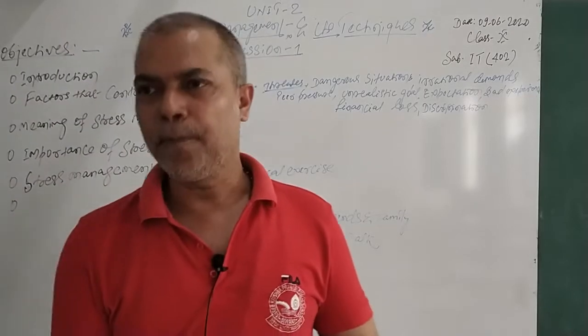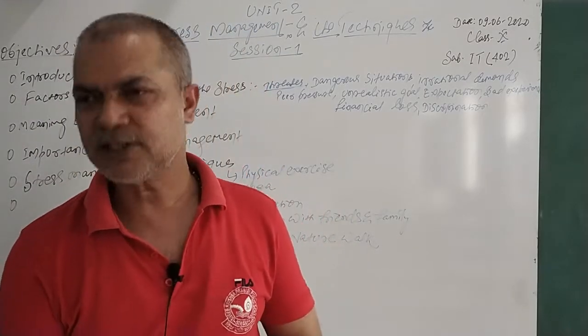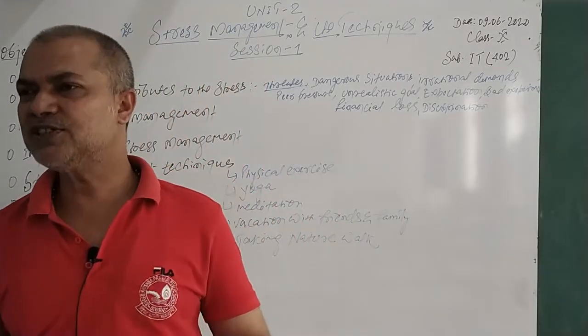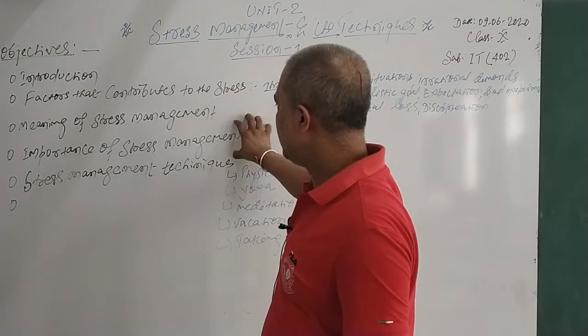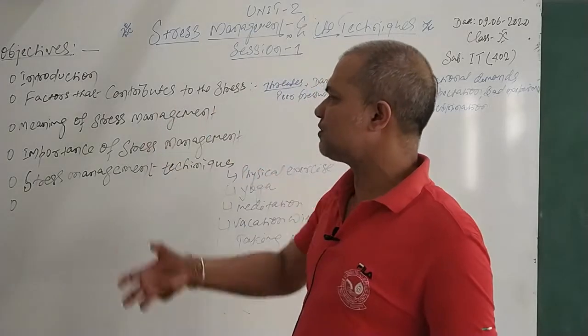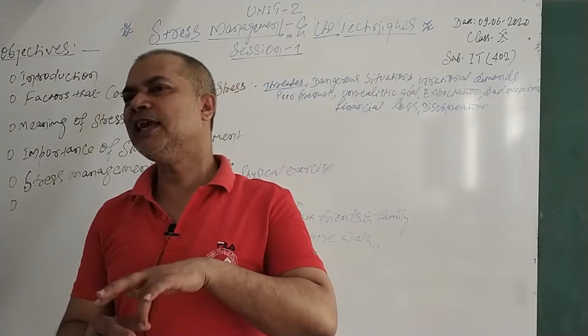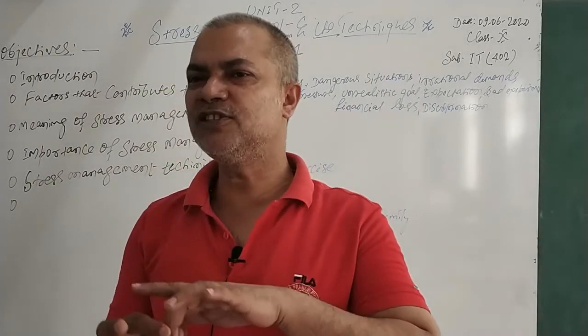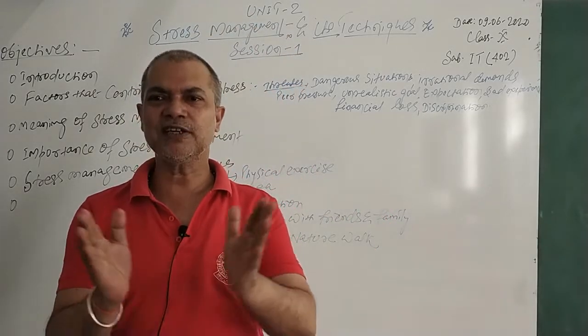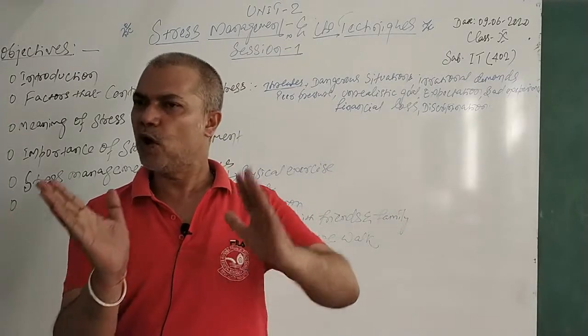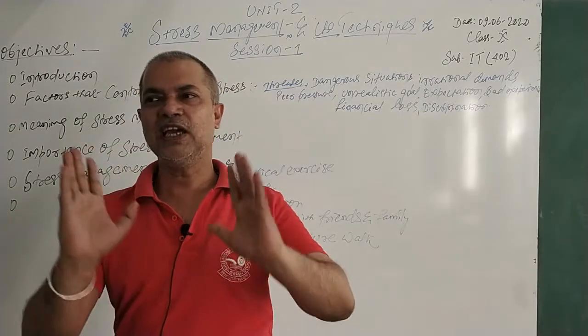And sometimes it is a positive stressor, like you have the pressure of an examination, and you must take this management. So the importance of stress management is to let you know the three different kinds of stress: positive, irrelevant, or sometimes the dangerous one. You will come to know and differentiate what kind of stressors they are.